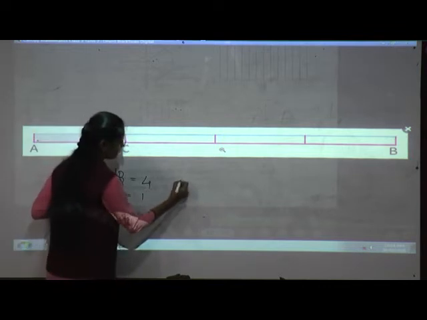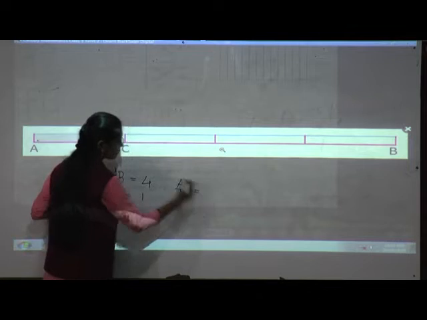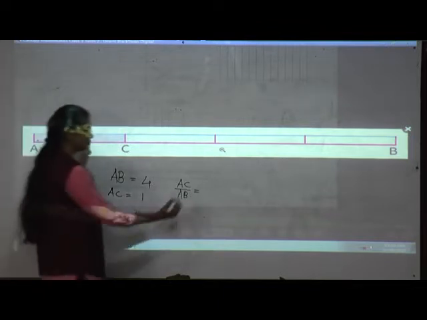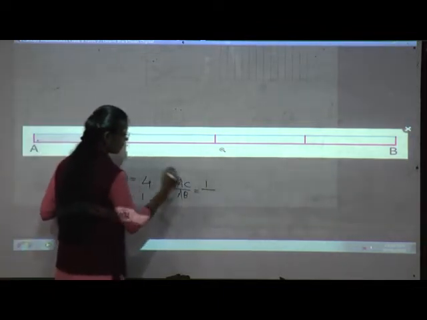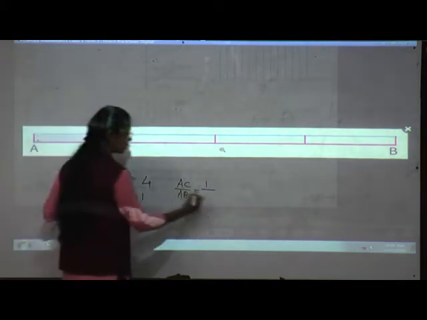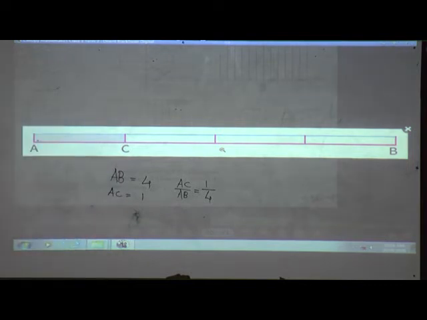So how will you write the fraction? AC by AB. AC is equal to what? Yes, 1, only one part. And AB is equal to 4 parts. So AC upon AB is equal to 1 upon 4, means 1 by 4.